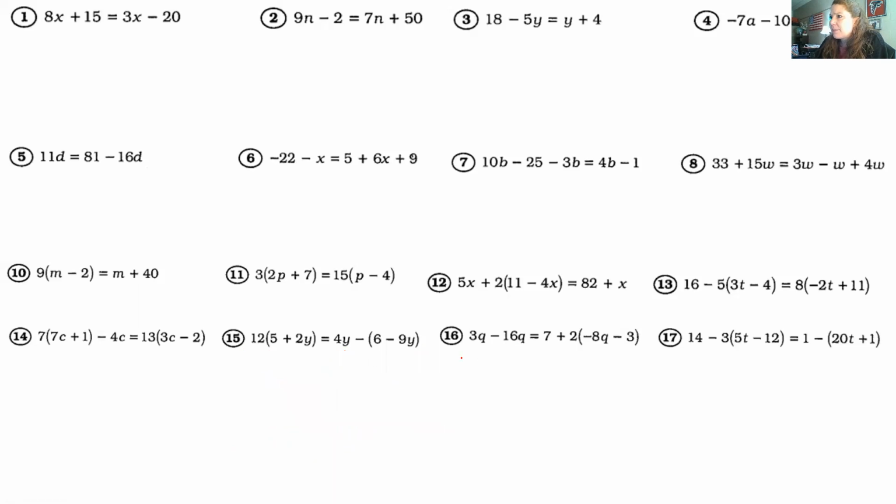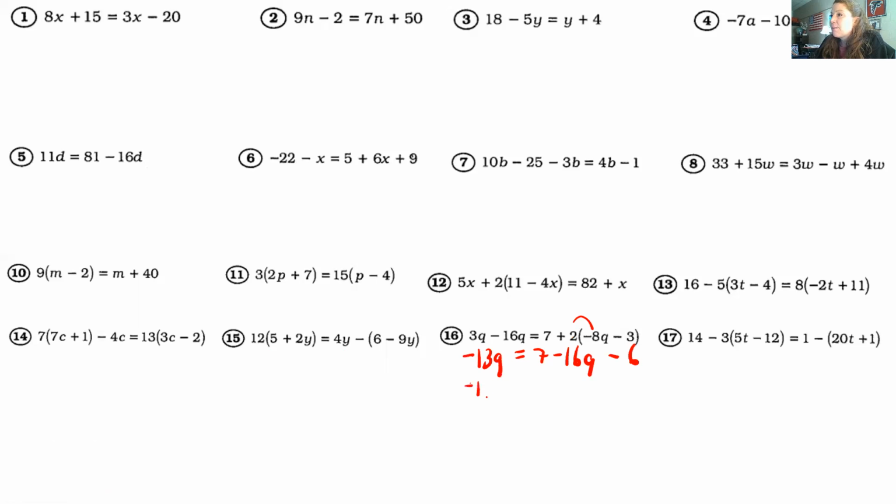Number 16, I'm going to bring down 3q minus, I'm going to combine these first. All right, so 3q minus 16q is negative 13q. So that's negative 13q equals 7 minus 16q minus 6.